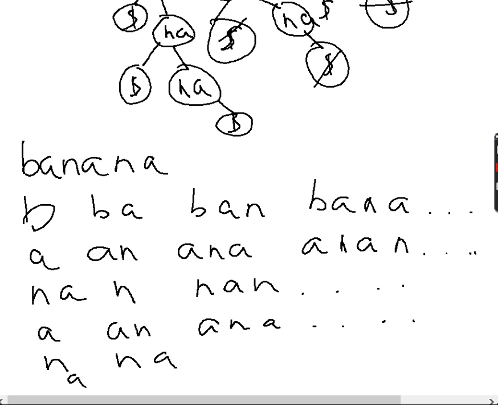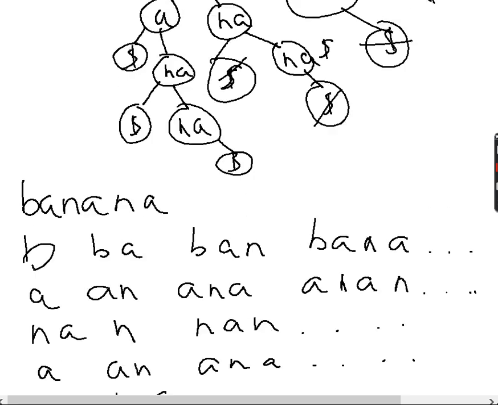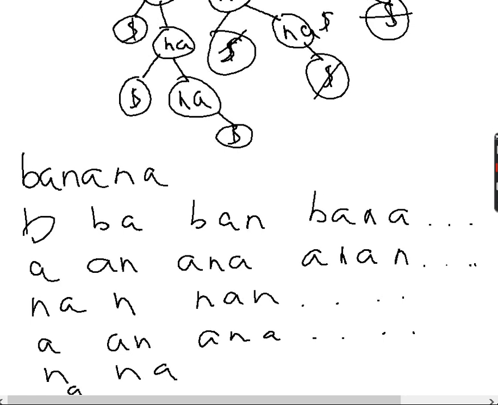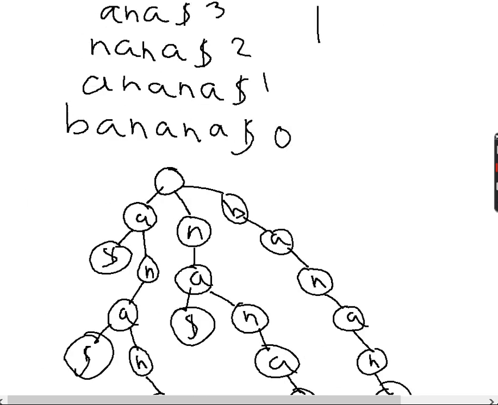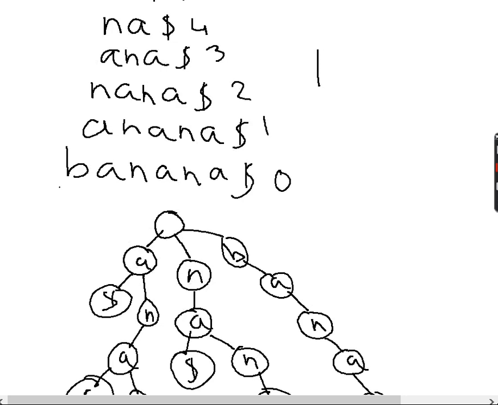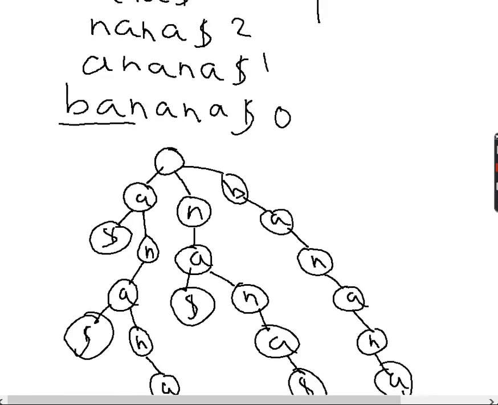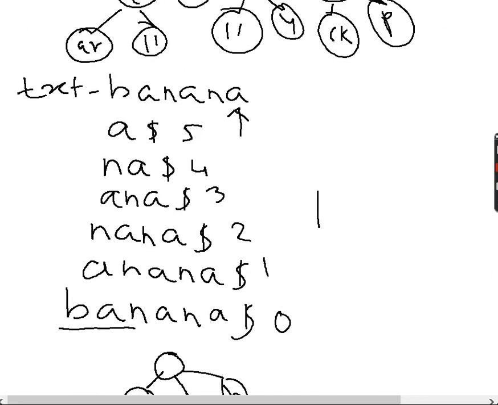If you look at all the substrings of the text, they are the prefixes of our suffix list. So if you look at our suffixes, all the substrings are prefixes. Let's take a substring BAN. It is a prefix of this suffix. Let's take some other one, for example the substring ANA. ANA is a prefix of this one, right?